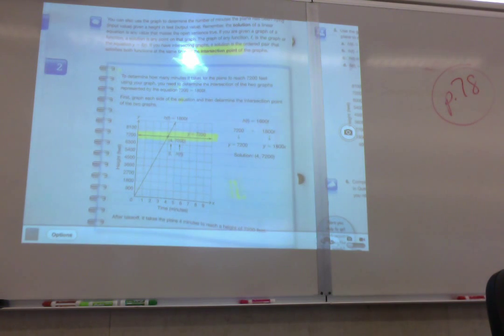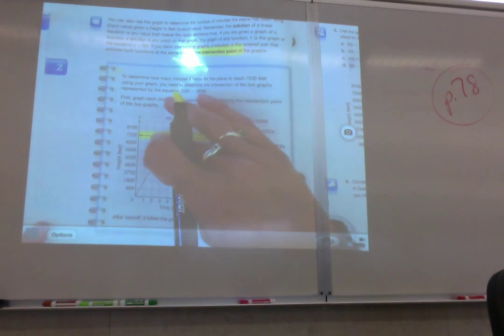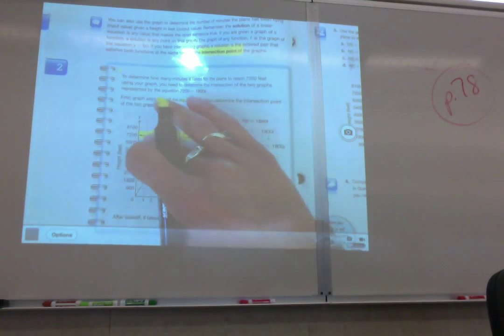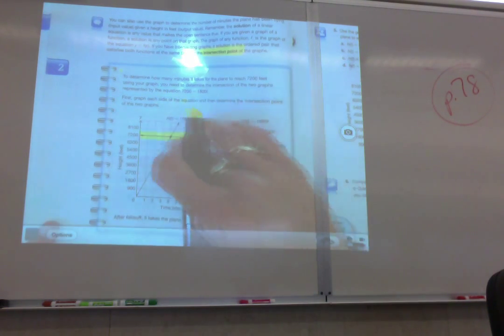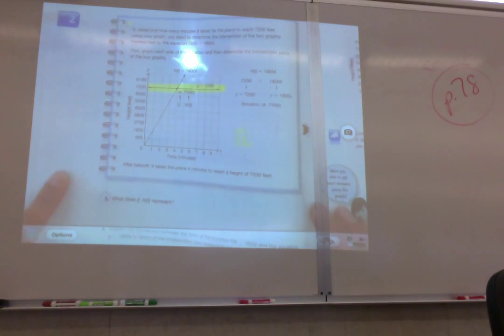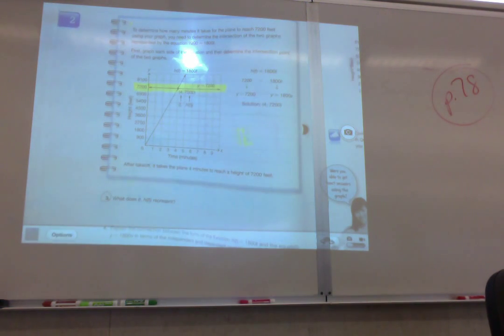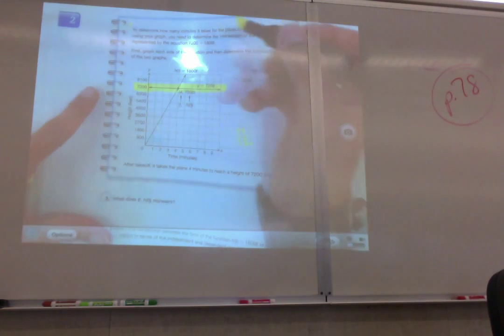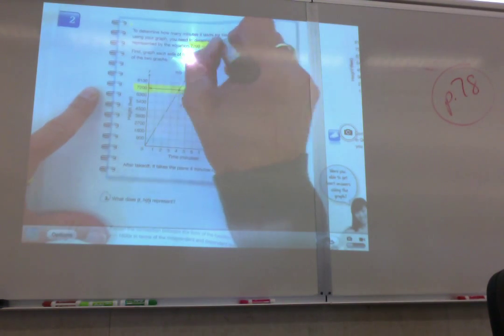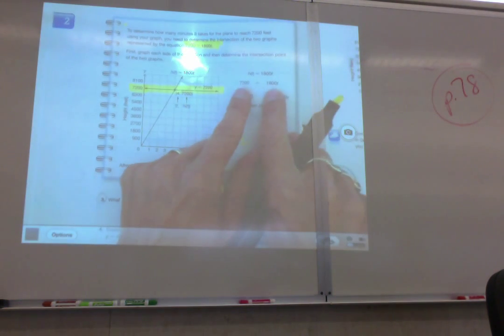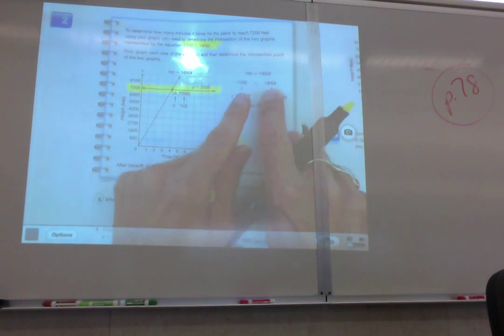It's a constant line, but what is it constant at? Y equals 7200.